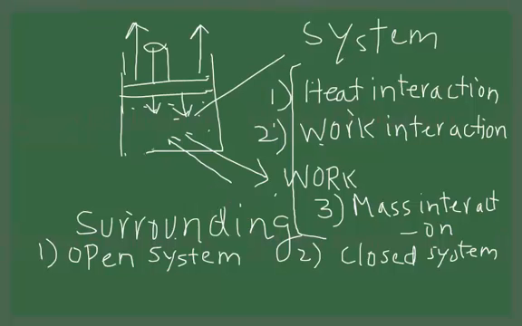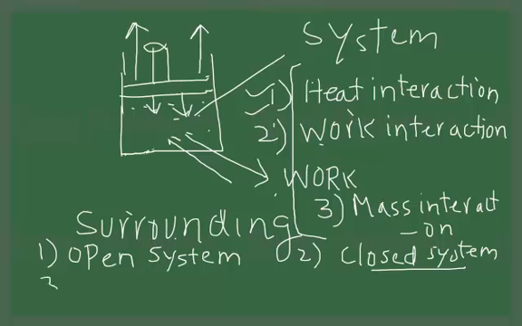So mass cannot move inside or outside of a system. So only we can have two interactions. First two interactions are possible in closed type system. So either the heat can flow in both directions or the work can be performed by the system on the surrounding and by the surrounding on the system.